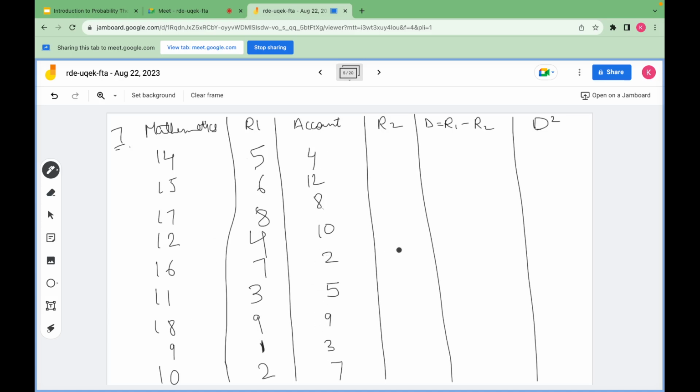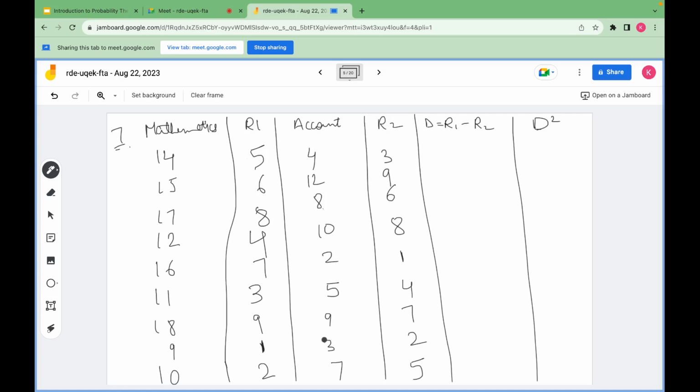So here this will get rank 1, rank 2, 3, 4, rank 5, rank 6, 7, 8 and 9. Here the minimum is 2, so we assigned it rank 1.